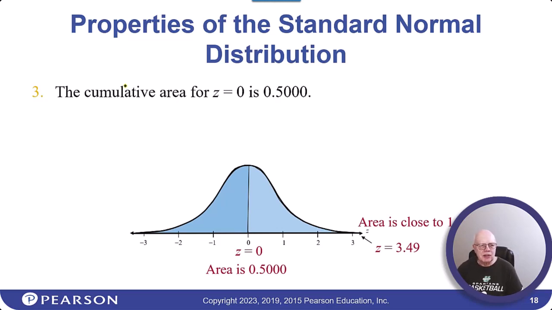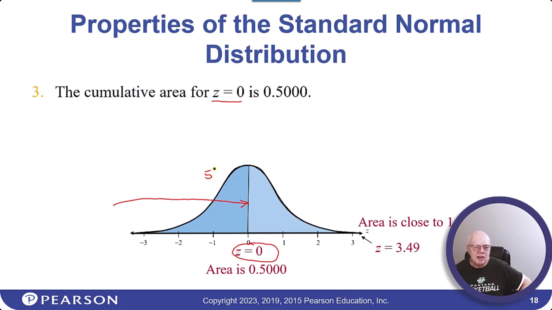Some tips. Cumulative area for z equals 0. Where is z equals 0? Right in the center at the mean. Now what's the cumulative area? Well, that means all the area until you get to that center point. Since it is symmetric, the right side and the left side have the same area.